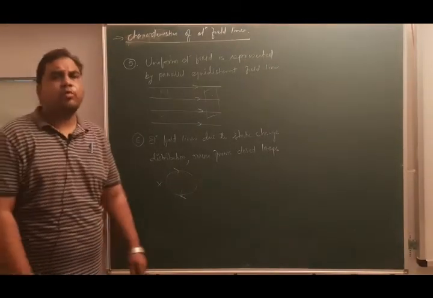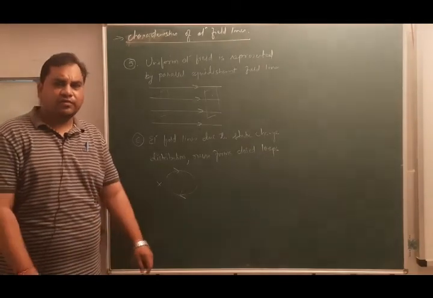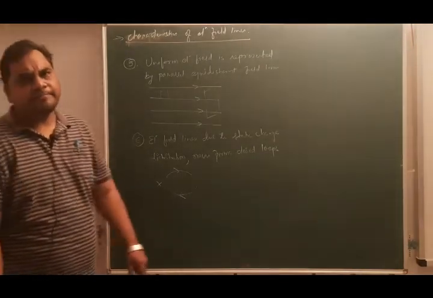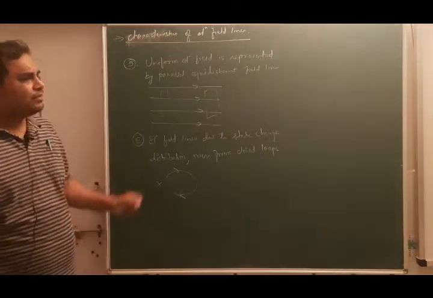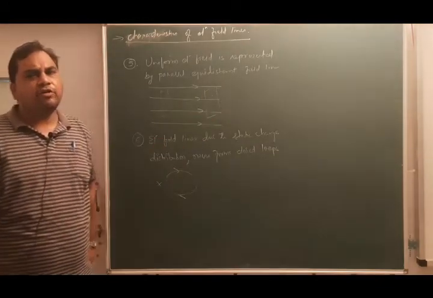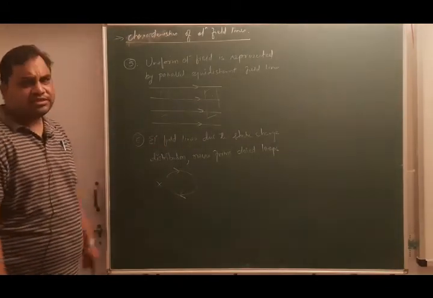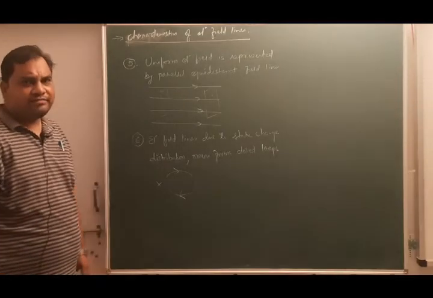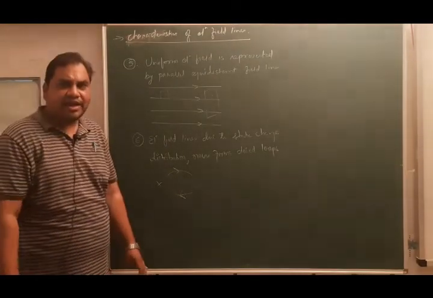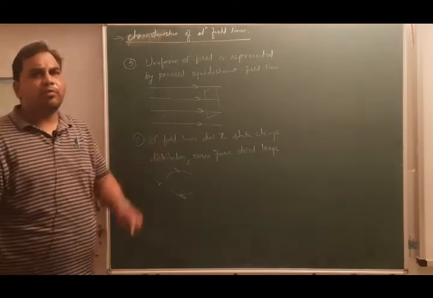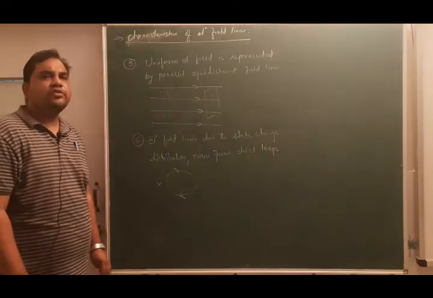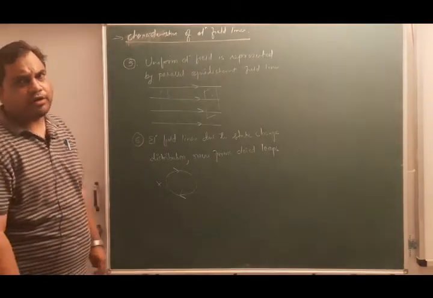So these were the 6 points related to characteristic of electric field line. First point is electric field lines originate from positive charge and terminate on nearest negative charge. The second point is that a tangent drawn at any point on electric field line gives you the direction of electric field at that point.